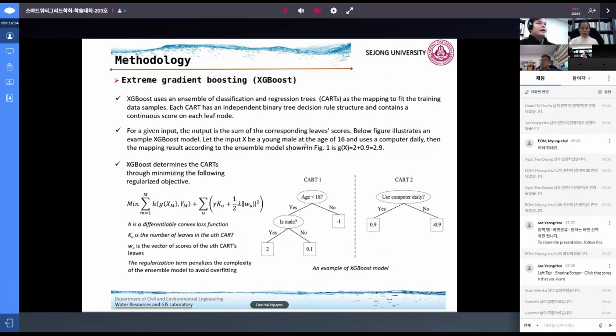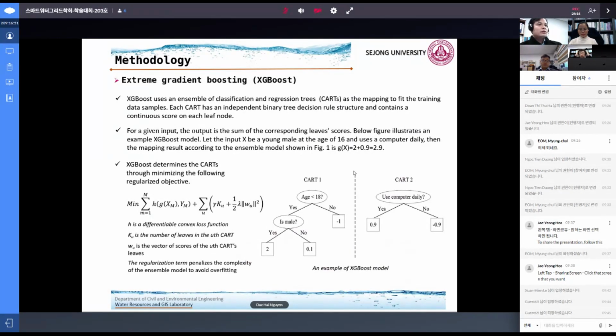Each CART has an independent binary tree decision rule structure and contains a continuous score on each leaf node. For a given input, the output is the sum of the corresponding leaf scores.